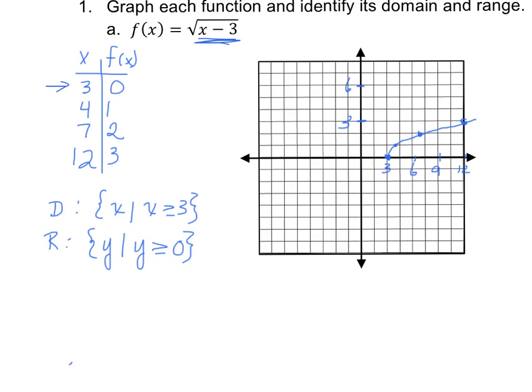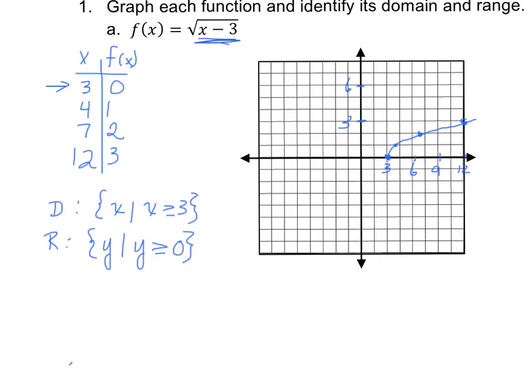We can see that I plotted just a few points to get an idea of what that curve is going to look like, with the parent function being the square root of x. And here, because we've got x minus 3 under the radical sign, the domain is going to be all x such that x is greater than or equal to 3, and all y for the range such that y is greater than or equal to 0.